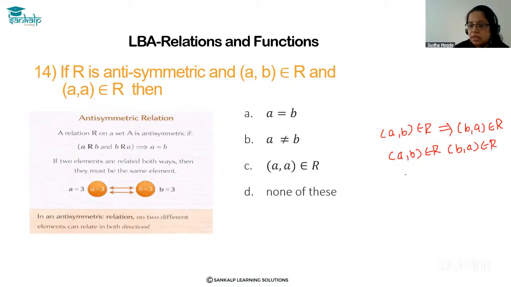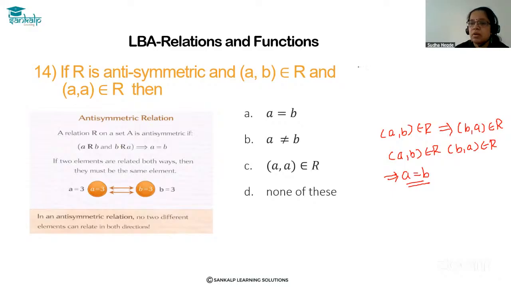One more condition, if you have a is equal to b, then that is called antisymmetric. So for antisymmetric, along with (a, b) belongs to R and (b, a) belongs to R, you should have a is equal to b.